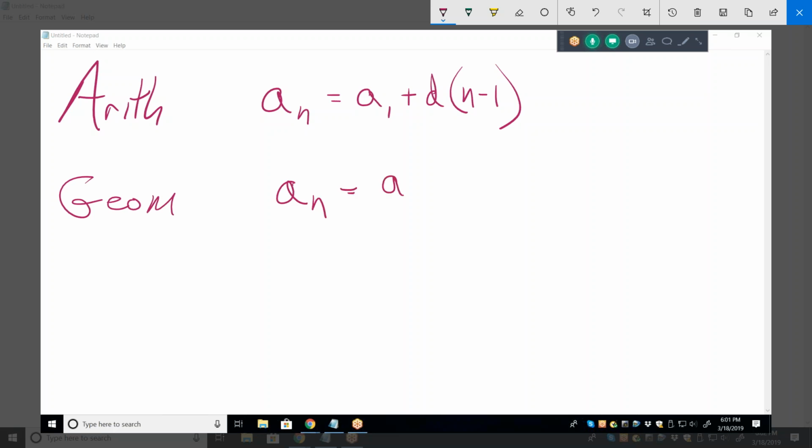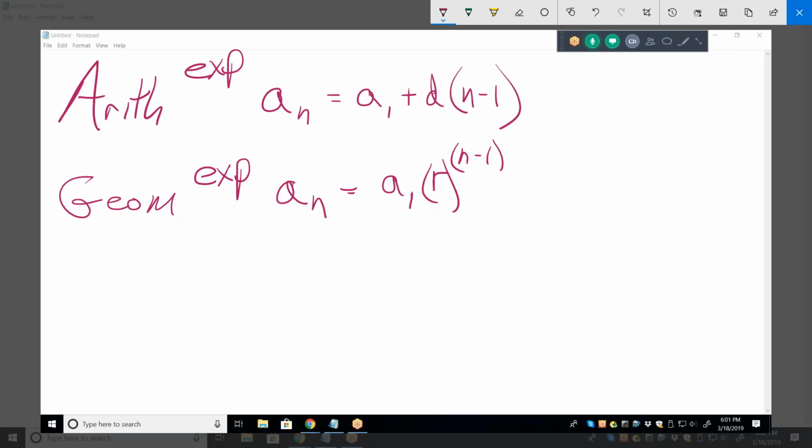Probably want to memorize these. These are important enough that you want to know what they are. There's the arithmetic. Now, these are the explicit definitions of them.